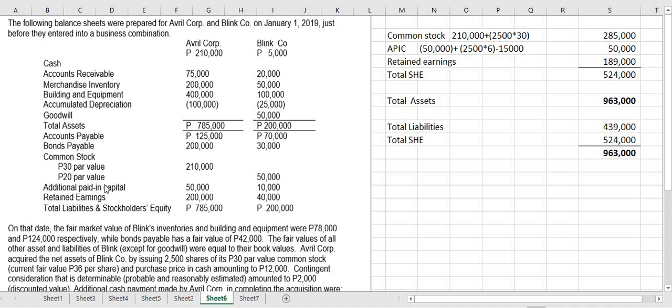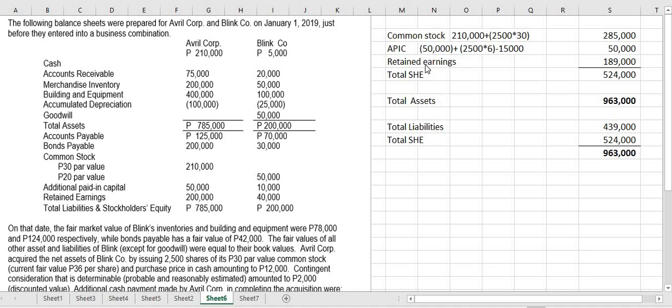So, to compute for the total shareholders' equity, so yung common stock natin, we have 200,000 plus yung additional na 25 shares times 30 being the par. Kasi di ba, it issued 25 shares at 30 par value, as part of the purchase price. So, yung total niya, that's 285,000.